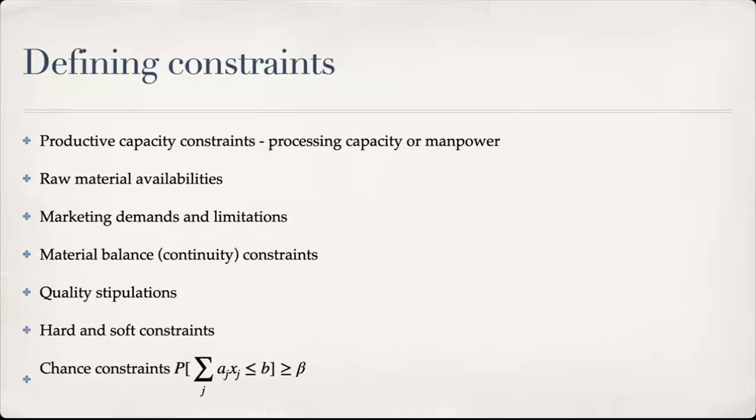Because your problem contains variability, some uncertainty, if you check your constraint, the probability that it is satisfied must be greater than a certain value. Okay.